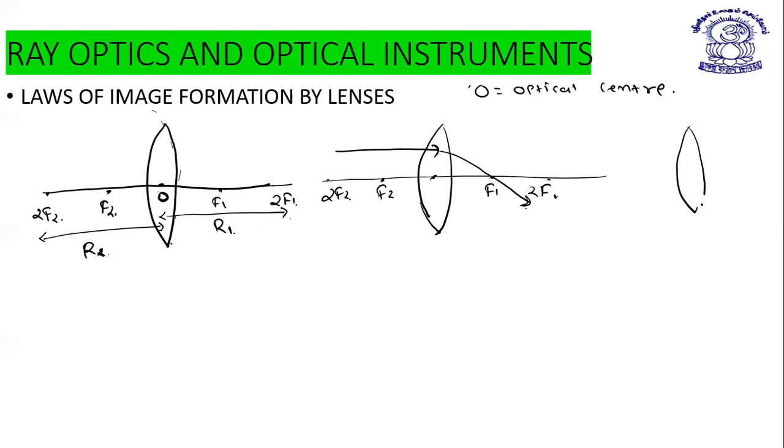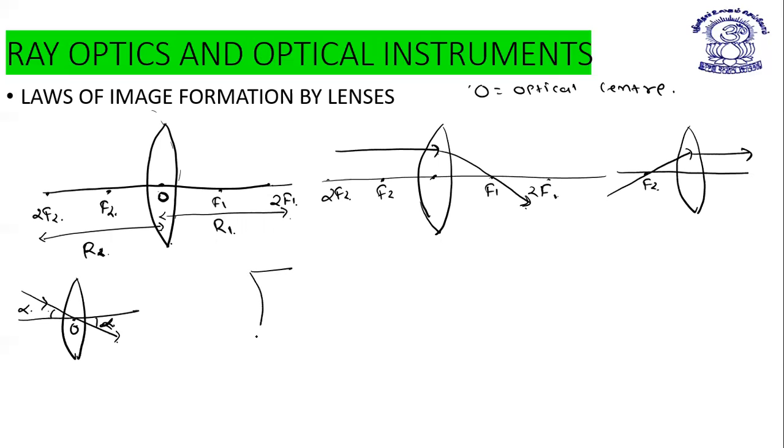The reverse of this is if light ray is incident from focus, then after refraction, it will become parallel to principal axis. And if light ray is incident from optical center, then it will go undeviated. There will be no bending of light if it passes from optical center.